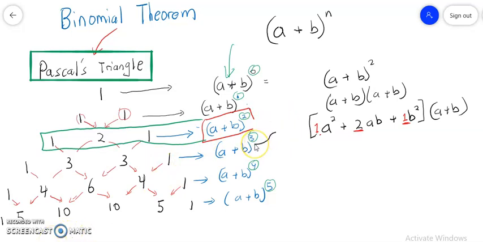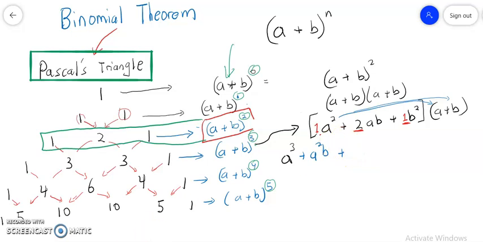So we are now going to focus on a plus b in brackets to the power of 3. When we multiply this, you will get a cubed, and the same thing when we multiply with b, you'll get a squared b.